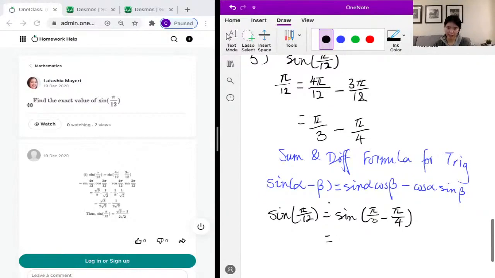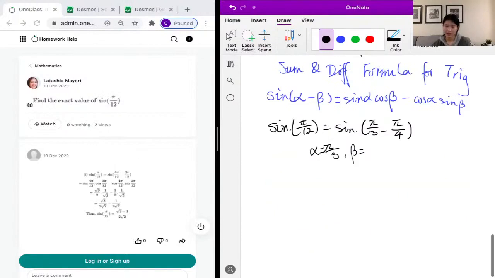Let a equal pi over 3 and let b equal pi over 4.